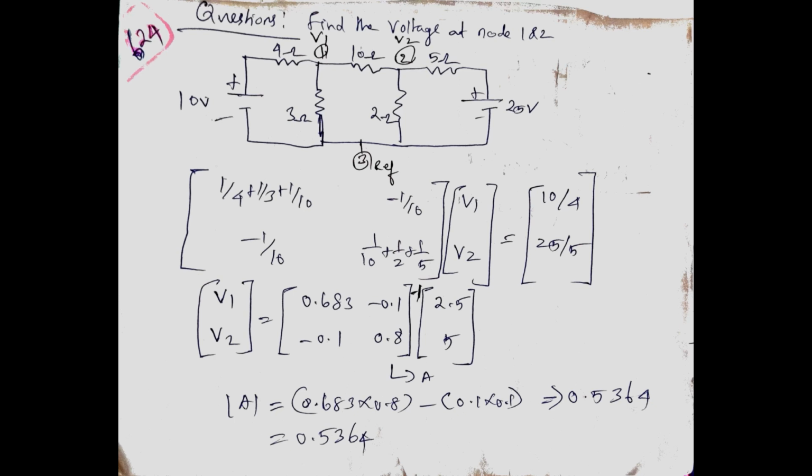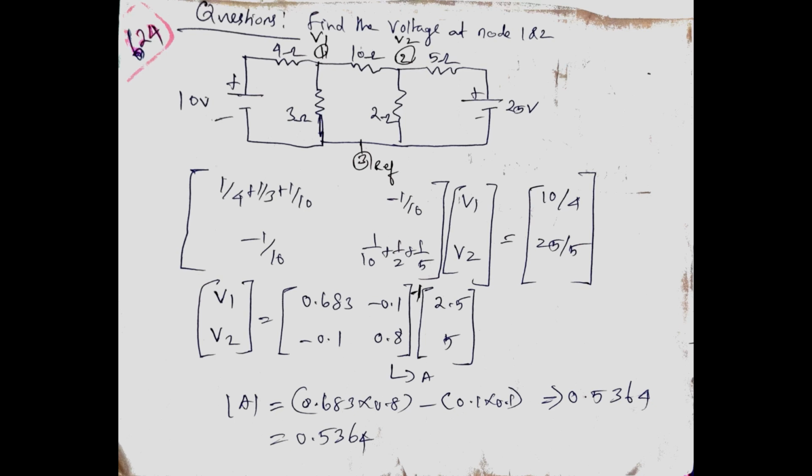Same question model given. Meet node 1 and node 2 and the reference node. The node 1 meeting element is important and the node 2 meeting element is important. G into V equals I, and that formula is used.